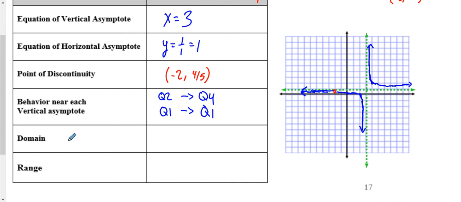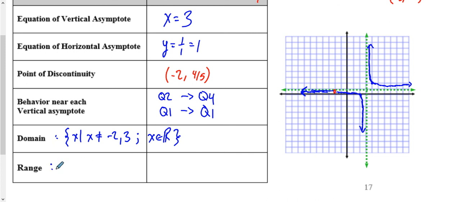Our domain, we want to write it in set notation, so using the curly brackets. So domain x such that, and it's easier to tell us in set notation what x cannot equal. Well, I'm going to look at my POD and my asymptotes. My POD is at negative 2, my asymptote's at 3, so I write x cannot equal negative 2 or 3, but x is an element of real, so it could be every other number after that.